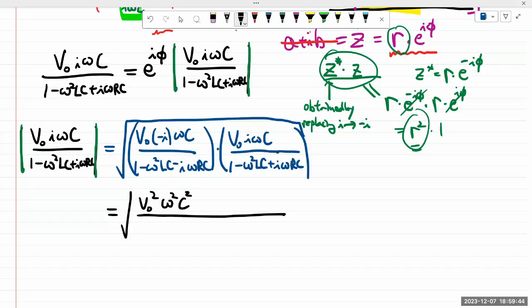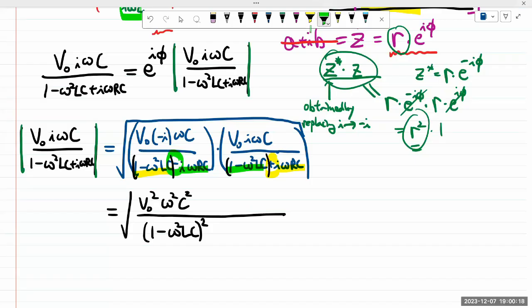I have real part times real part. I can kind of treat this as one unit. Let me just write it out: 1 minus omega squared LC, squared. Okay, and I have cross terms that will cancel. This times that plus this times this, they will cancel each other because one product was done with the plus sign, the other product is done with the minus sign.